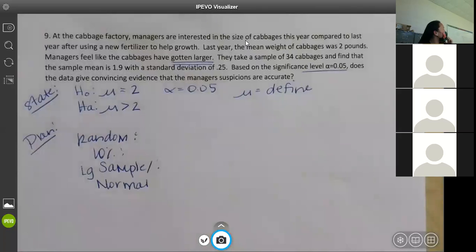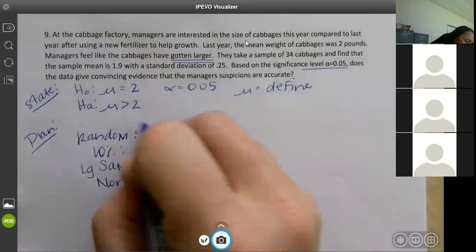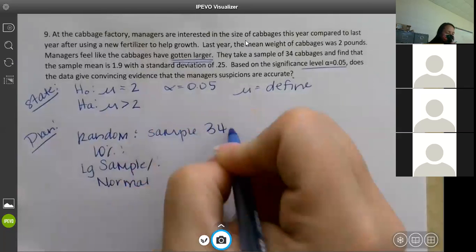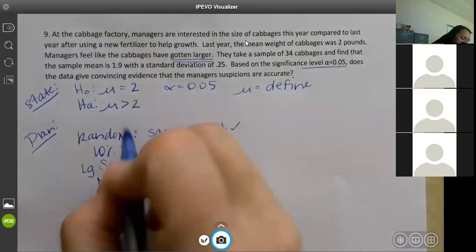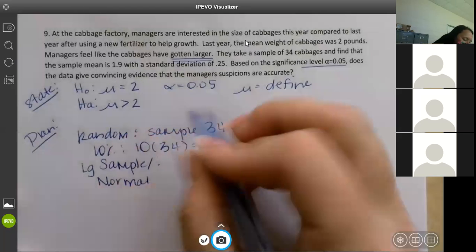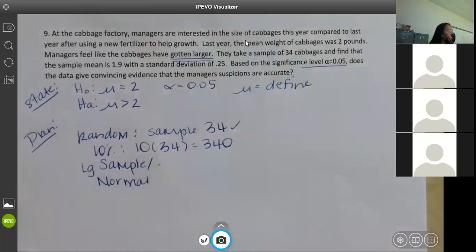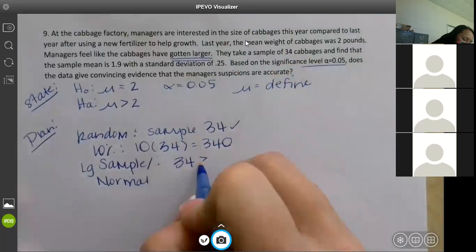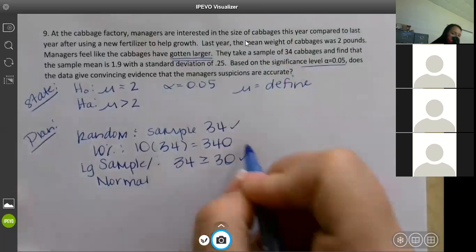So anytime they say they take a sample, you're going to assume that it's a random sample. So a sample of 34 is good. 10%, we're going to do 10 times 34, which is 340. Pretty sure there's more than 340 cabbages in the factory. Okay, coming into that cabbage factory. So then large sample, 34 just barely makes it greater than or equal to 30, so I do not have to graph.